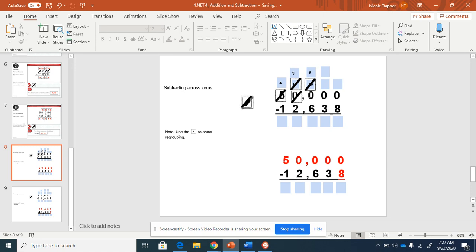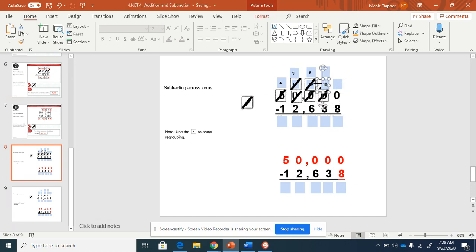So I still need to give this next 0. I'm going to cross out the 10 and make this next one a 10. Now I have 10 tens that I took from my hundreds, but I'm still not over to my ones. So I need to cross out that 10.